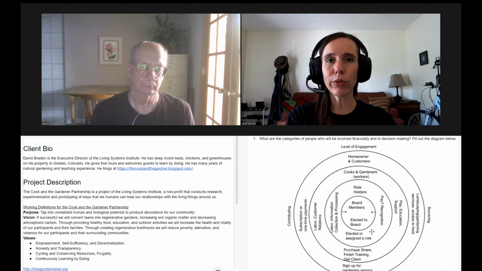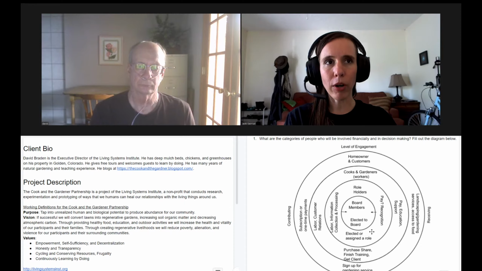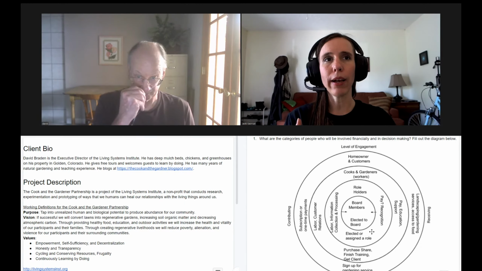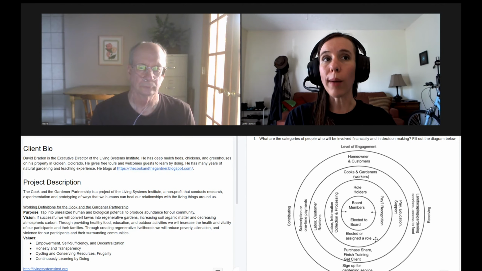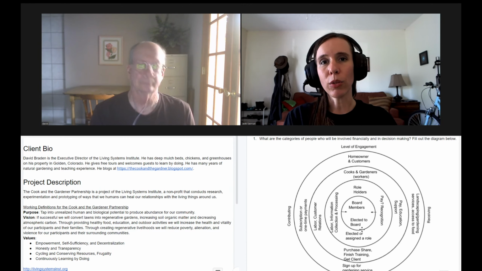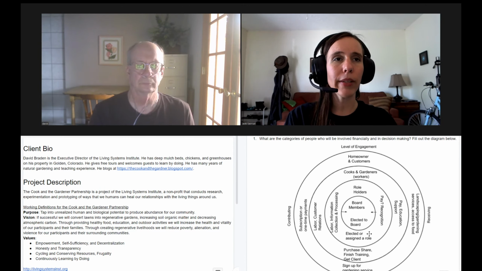So we've got the gardeners who are doing landscaping work, and then we also have cooks who would be involved to cook any excess food and sell it. He wants that to be a part of it. And then we have role holders, people who have been either assigned or elected to a role, and they would have duties to perform. And then in the very center, we have board members. So we're talking about making this a cooperative. So they would be elected to the board of directors. So that's what we talked about last time.